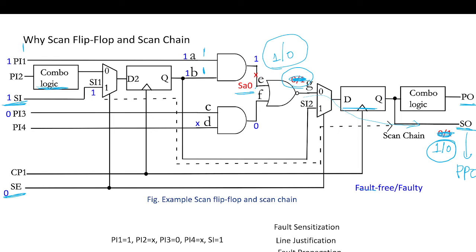To excite this fault, we set the fault sensitization step, and from this point coming till this primary input, we call it line justification. Propagating this to the primary output or pseudo primary output, we call fault propagation.